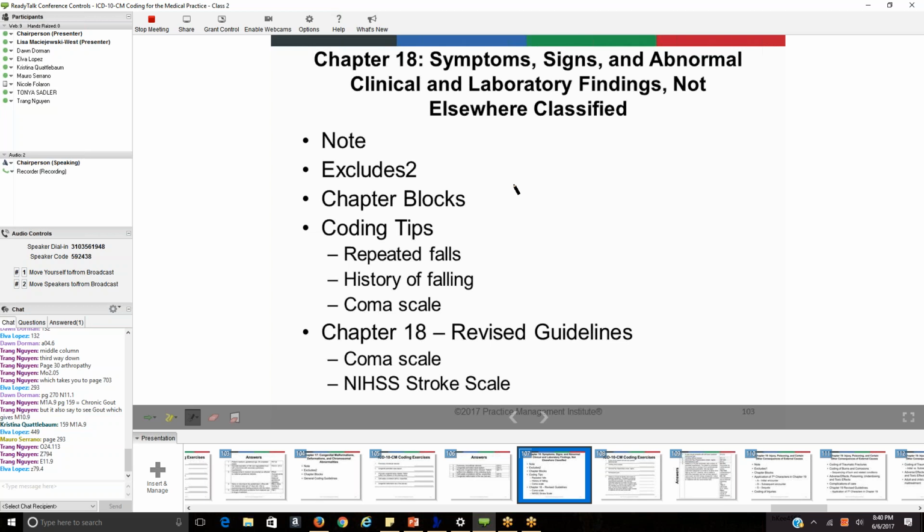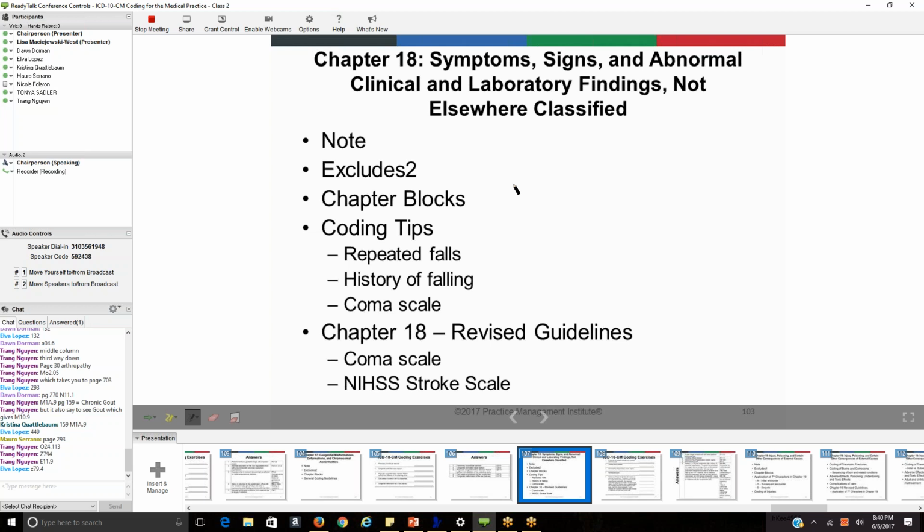So a patient may come in and say, I fell, this is what happened, I don't know why, it's not like the last time I fell, and so you can have the repeated fall and then also annotate that this patient has had a history of falling. The coma scale is used only for coma patients.